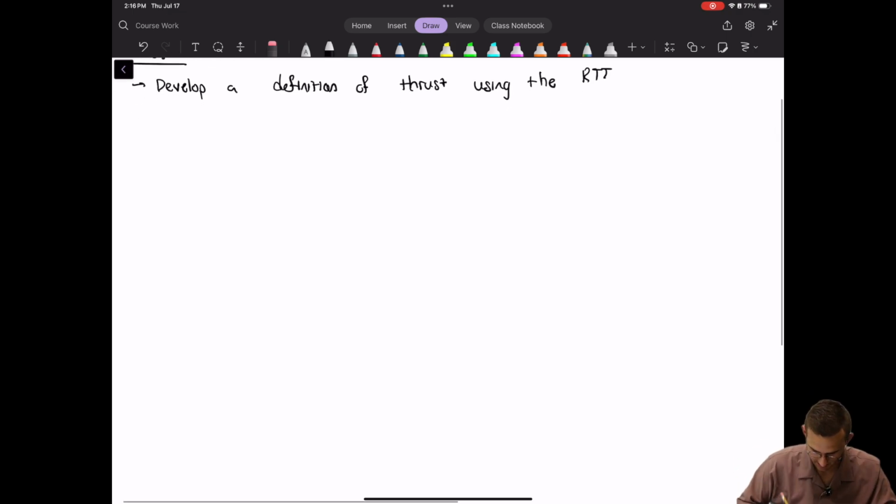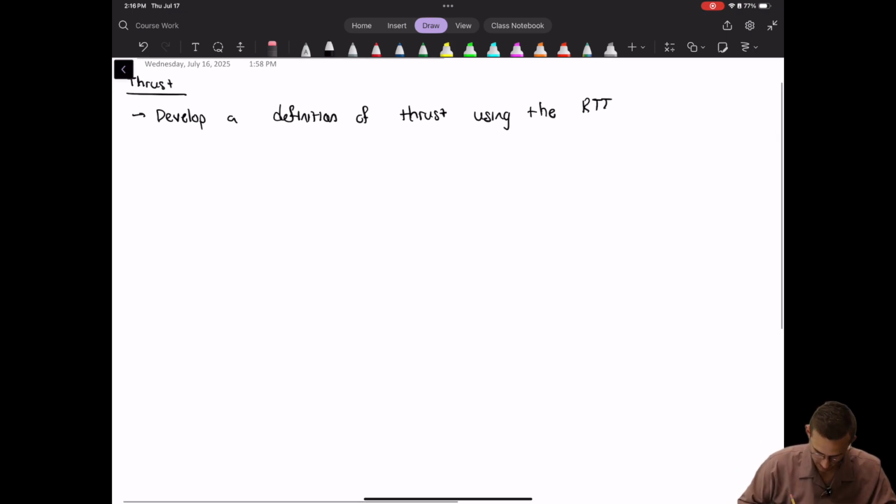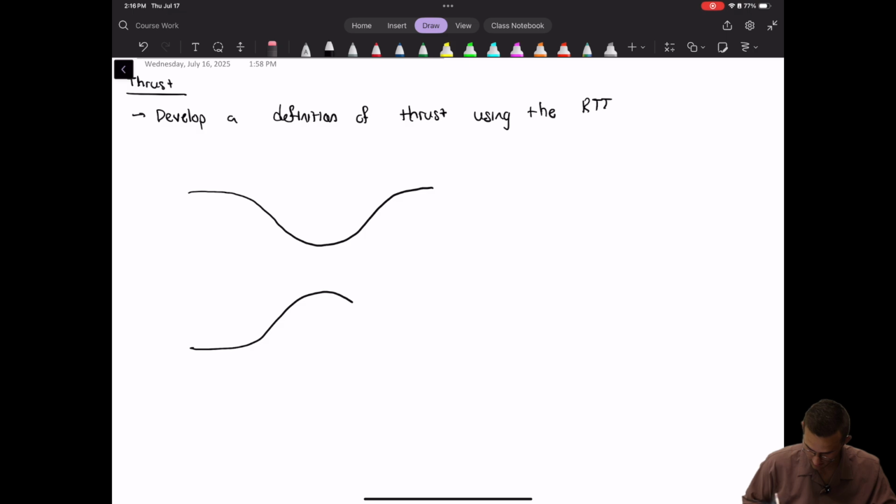Okay, so I'm going to draw a nice big diagram here of like a converging diverging nozzle that, let's say, is kind of an abstract representation of an entire propulsion system. Our representations of propulsion systems will get more complex as time goes on, but for now we'll start there.